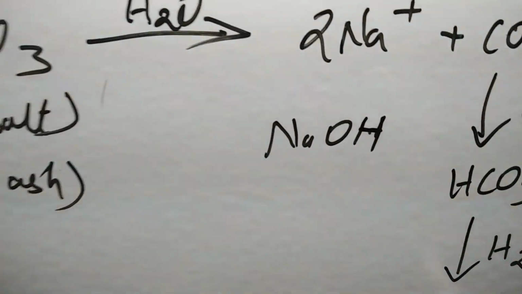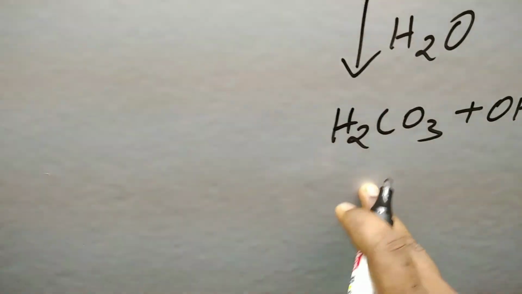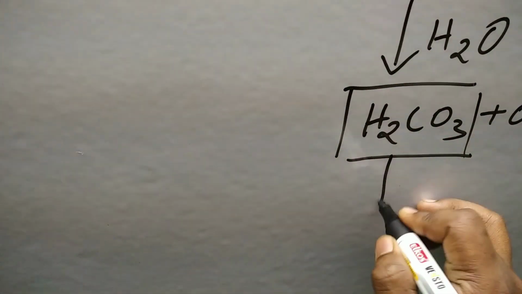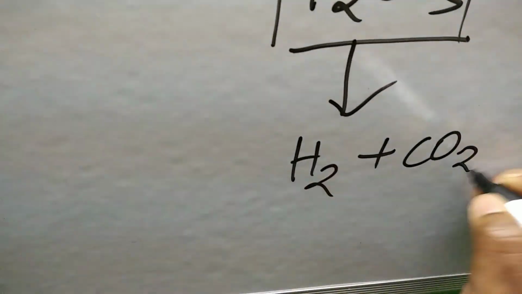See, this is a strong base, and this is carbonic acid. Yes, and it is a weak acid, and this carbonic acid will again decompose and form H2O and CO2.